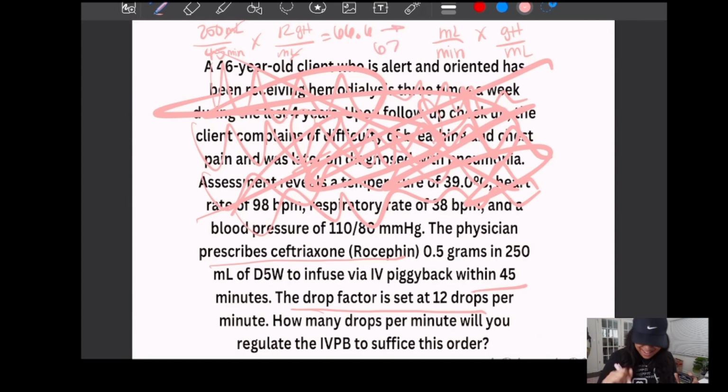Yay! So that's how many drops per minute they'll get. The more that you practice identifying these parts of the dosage calc problems, the better you'll become at knowing what it is that you're looking for, and why you're looking for it, and what it is that you need to answer. Always go to the end of the question and see what exactly it is asking for. Label your units. Make sure you don't have any trailing zeros, and you must include a leading zero.